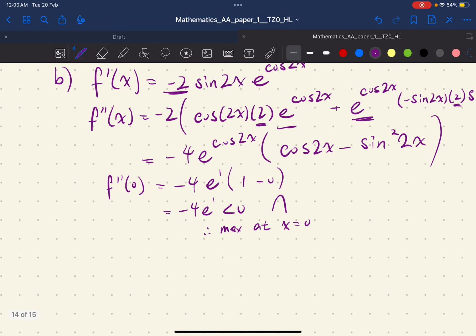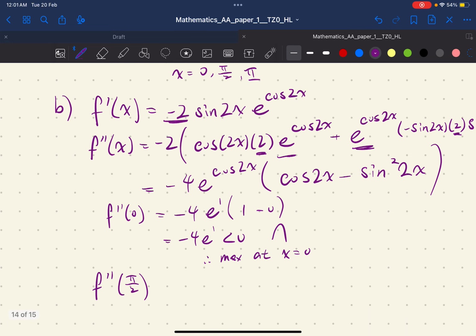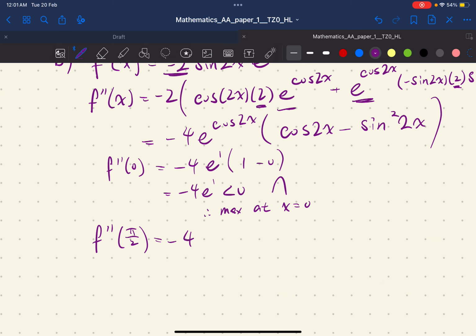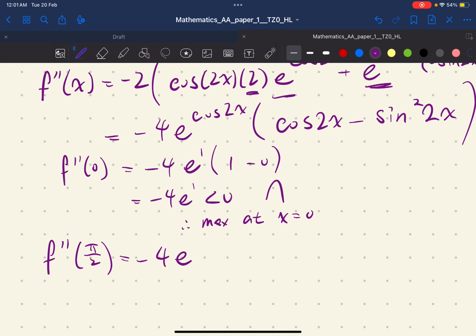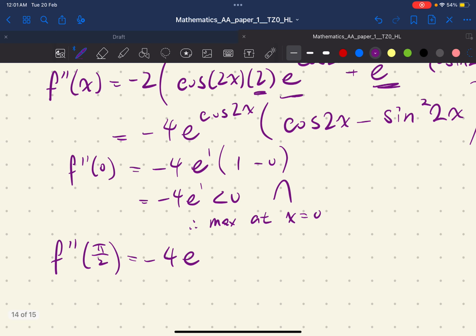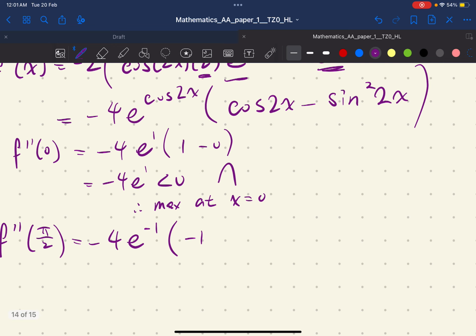Okay? And then you do the same thing for the rest of them. Pi over 2, I remember, right? Yes, pi over 2. Plug it in and see what happens. So -4e, cosine 2 times pi over 2, which is cosine pi. Cosine pi is -1, so this is -1 again.